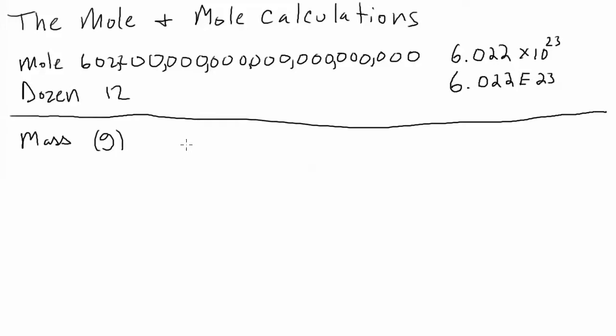And what's really good news for us is that you can take a measurement that's in mass and you can convert it to a measurement in moles. So you can go from measuring the amount of matter in mass to measuring the amount of matter in moles, which is kind of a way of saying how many particles there are. It's just that you're counting the particles in this giant, huge number.